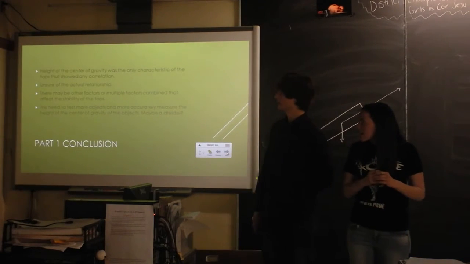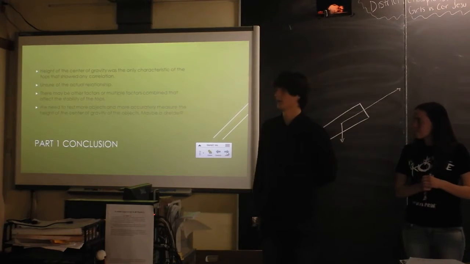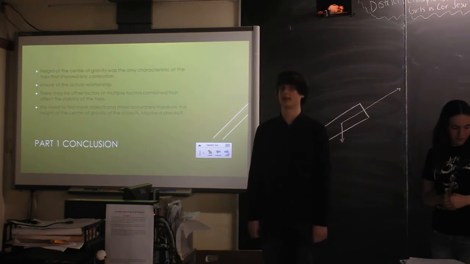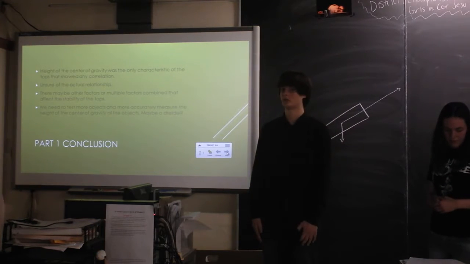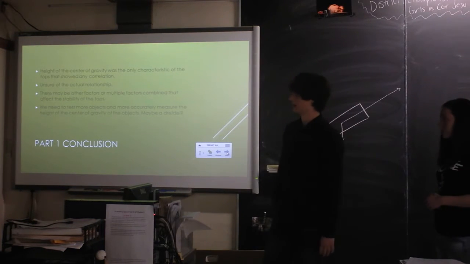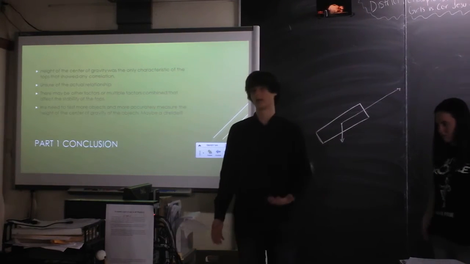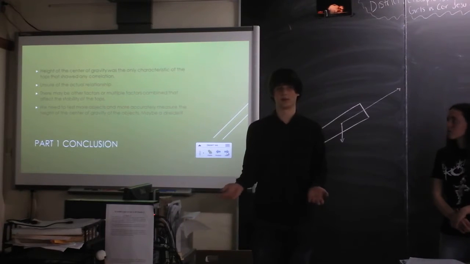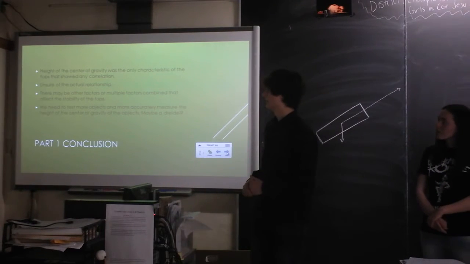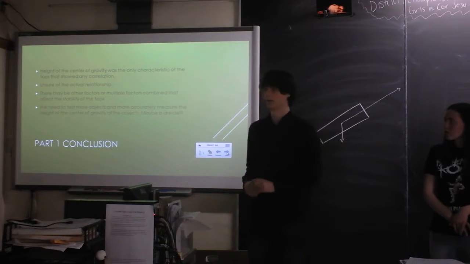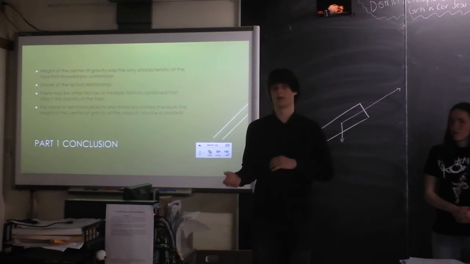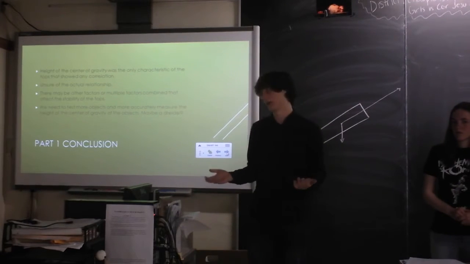And so for part 1, we concluded that height of center of gravity is the only thing that had a strong correlation with minimum angular speed. And we don't really know the actual relationship because we couldn't find an equation to figure one out. There also are probably other factors in combination with each other that we didn't take into account or couldn't think of.